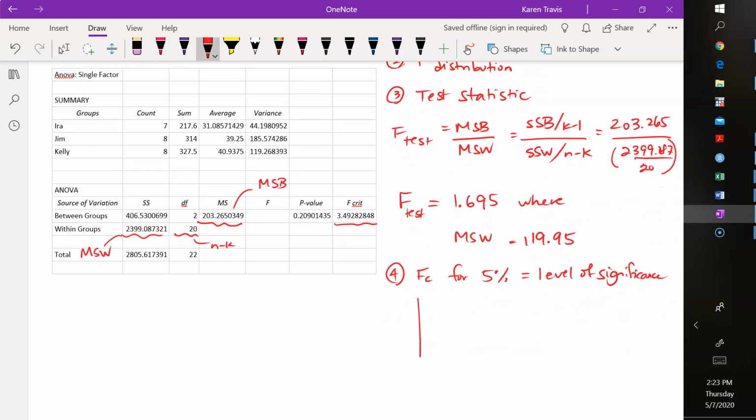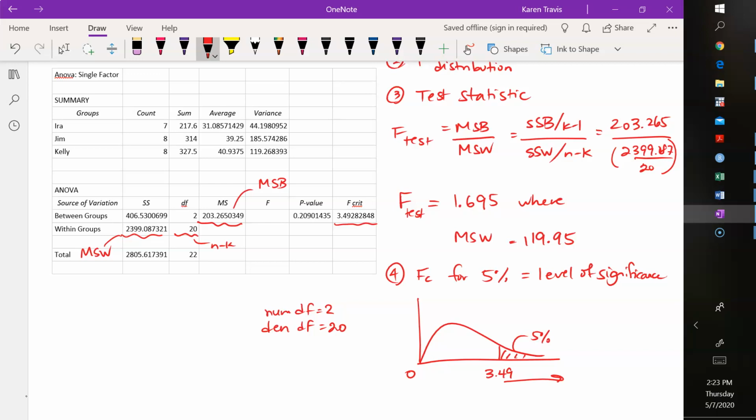And so drawing the rejection region, we have a 5% rejection region with 3.49. Notice our numerator degrees of freedom was 2, and our denominator degrees of freedom was 20, in case we needed to use the F table, but it is there on the output.